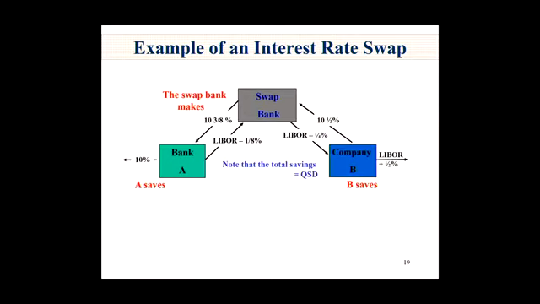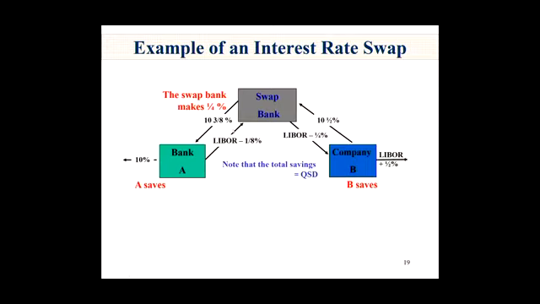All right, so the swap bank makes 0.25%. Did you get that? Yeah, so they're receiving 10.5, paying out 10 3/8. How much are they making or losing on that transaction? They're making 1/8 from this transaction.